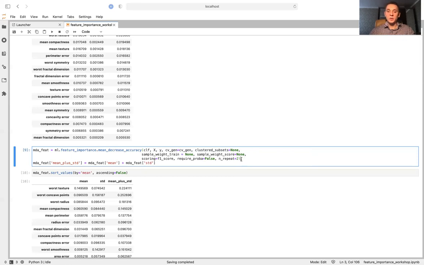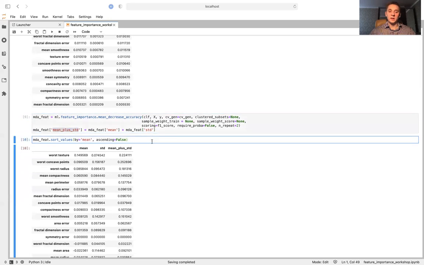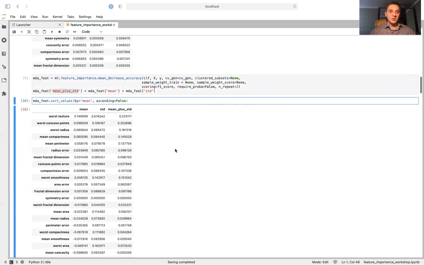So here we will use MDA with 2 repeats. We'll do MDA feature importances with 2 random states, and then we'll average the results. But the common guideline is to use at least 20 repeats in MDA feature importance. We will also generate a mean plus standard deviation column and sort that in descending order. So let's take a look.